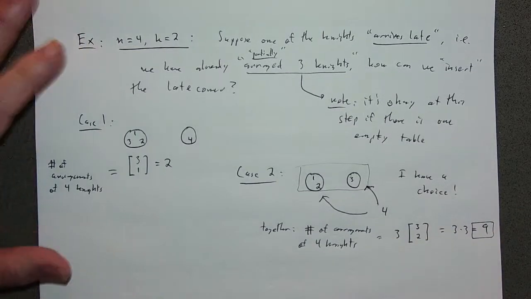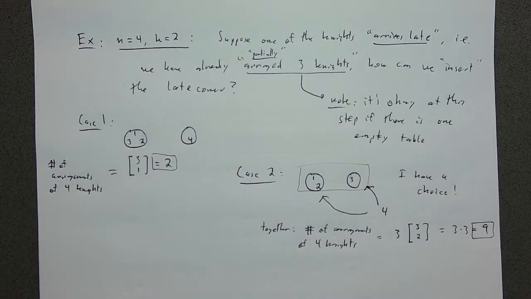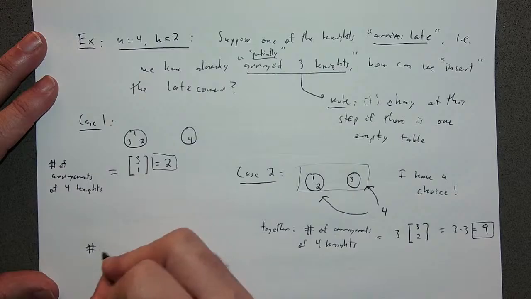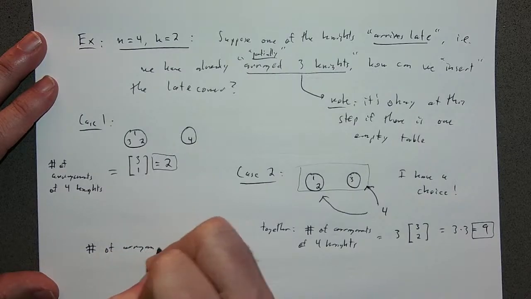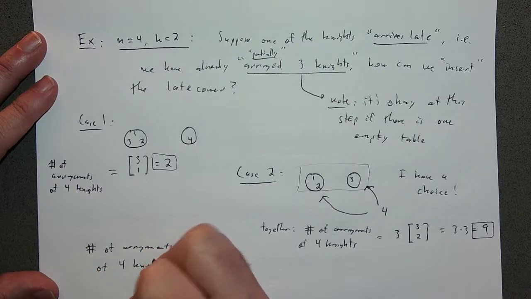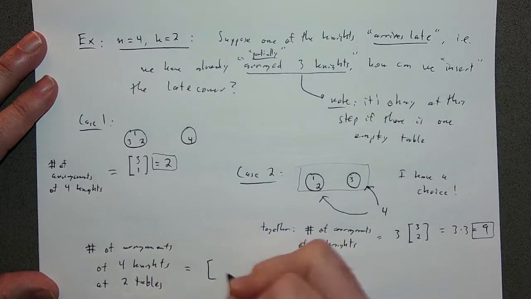Now, these 2 cases enumerate everything that goes on in this situation, and so the total number of arrangements of 4 knights at 2 tables, this is the Stirling number 4-2.